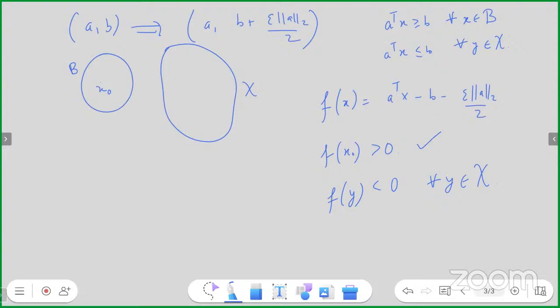We were given a point x0 and this convex set chi. We created another convex set around x0 such that B and chi were disjoint, and that was allowed because chi was closed. Once you have that, then I could use my separation theorem to get a hyperplane A comma b such that it separates.